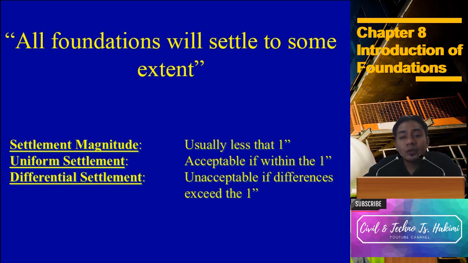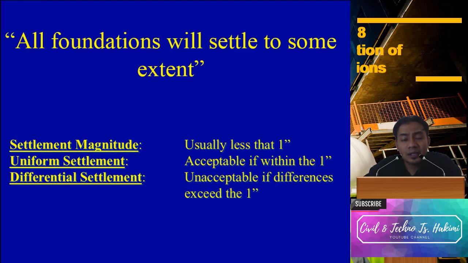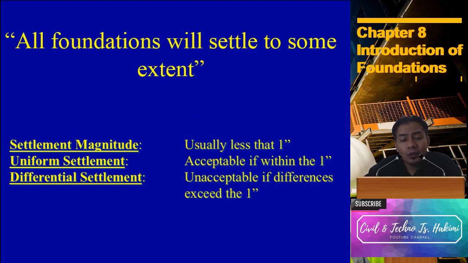All foundations will settle to some extent. As I said before, we cannot avoid settlement occurring, but we can control the settlement, whether it is acceptable or allowable or not. The settlement magnitude is usually less than 1 inch. 1 inch equals 25 mm.